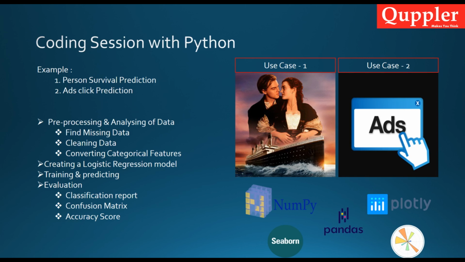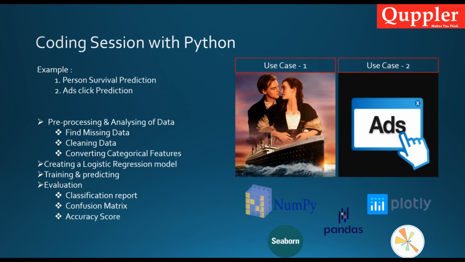The second is ad click prediction. Based on the number of sites he visits, the time he spends on the app, or the recommended ads we show him, we predict whether he would click on that particular ad or not. We're going to do these two live coding sessions.